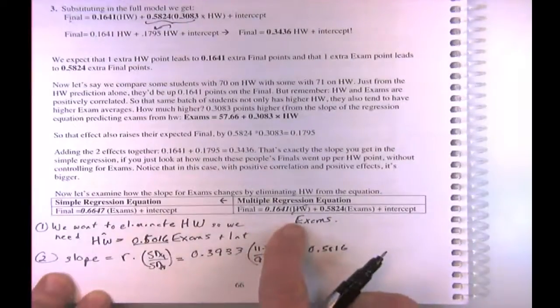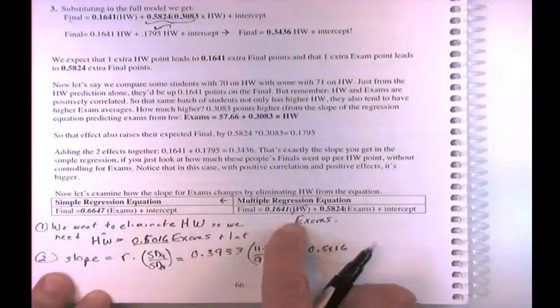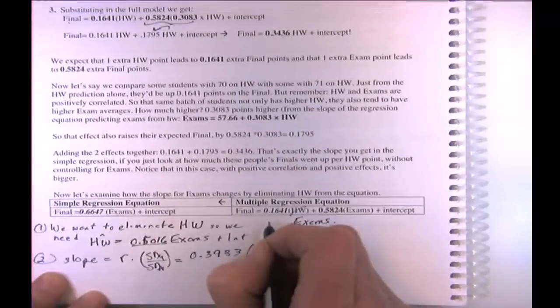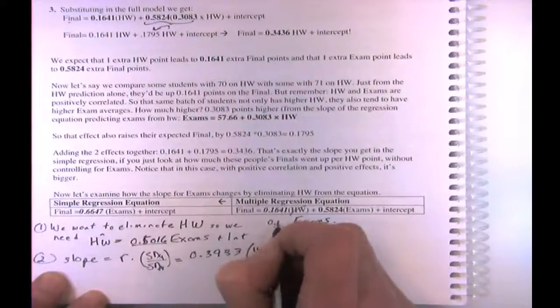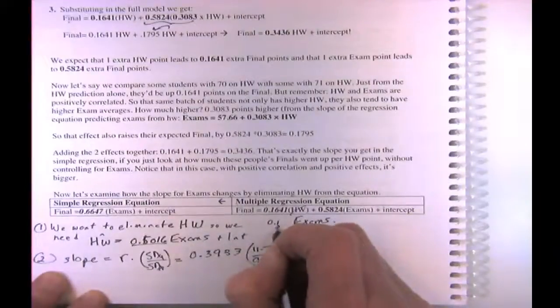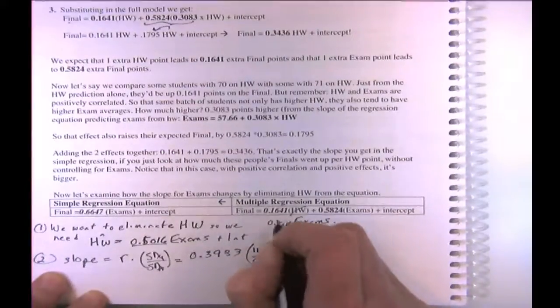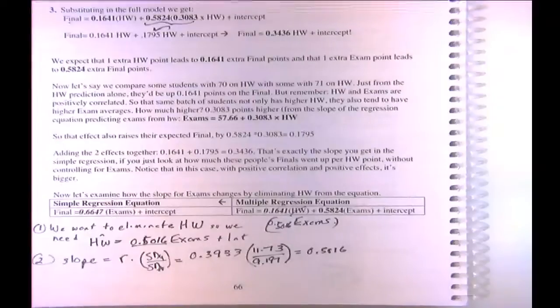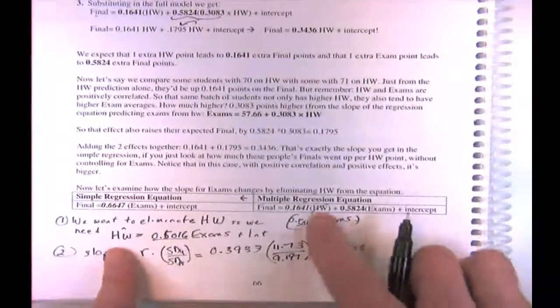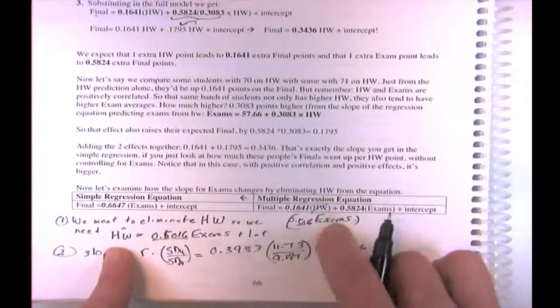And so that's right here. That homework is going to be replaced with 0.5016. That's going to replace homework, because that's what homework is. So we're going to put that in there.